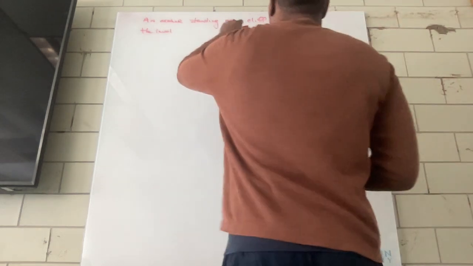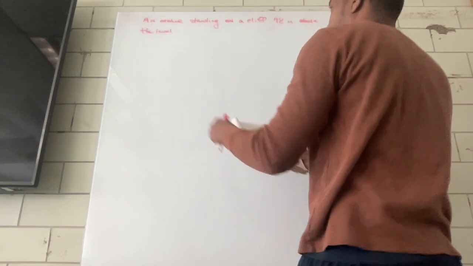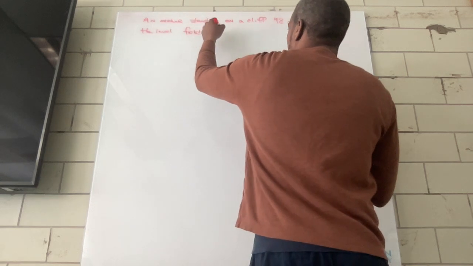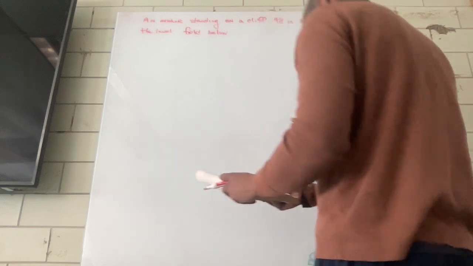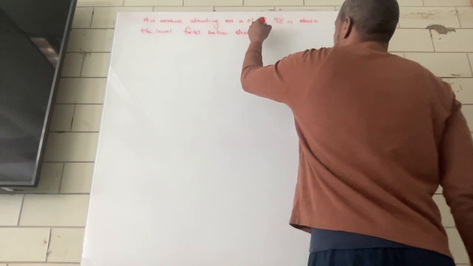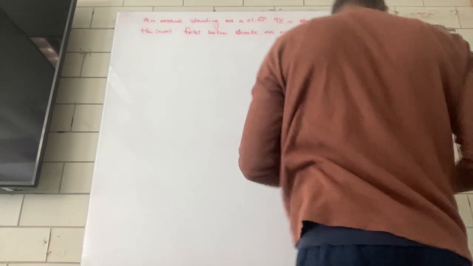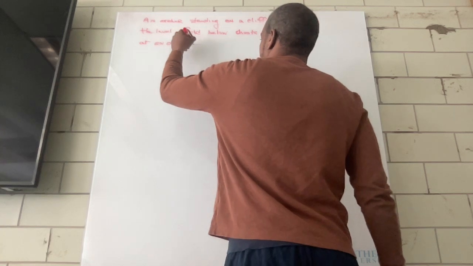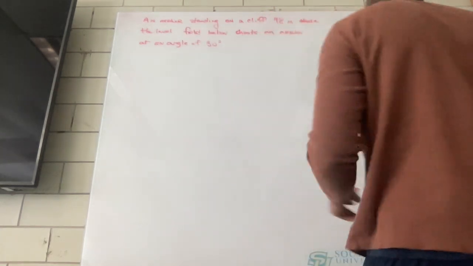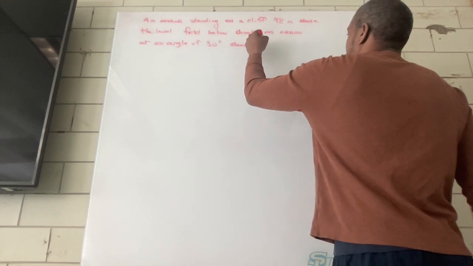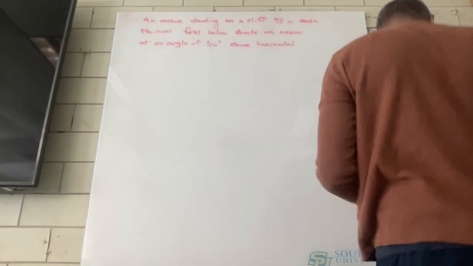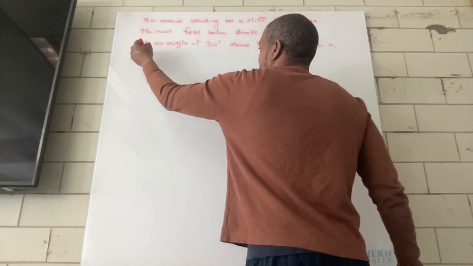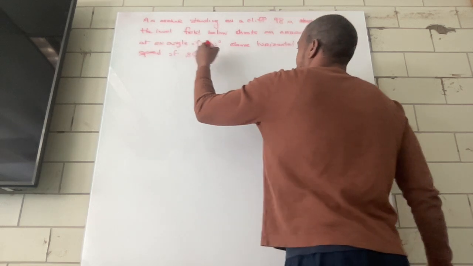An archer standing on a cliff 48 meters above the level field below shoots an arrow at an angle of 30 degrees above horizontal with a speed of 80 meters per second.